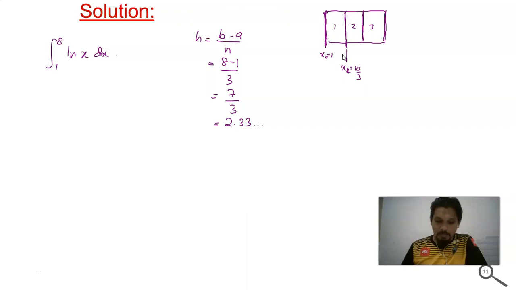And then plus another 7 over 3, which is 17 over 3 here.